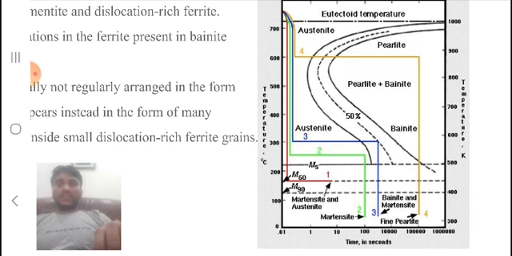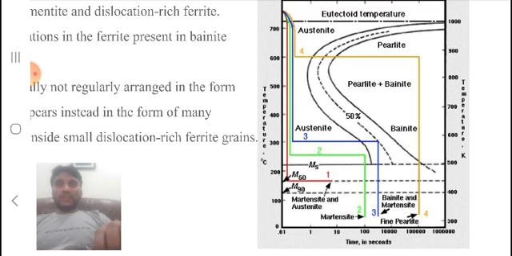The core section will transform into pearlite, whereas the outer sections will transform into martensite, because the formation of pearlite is very simple.